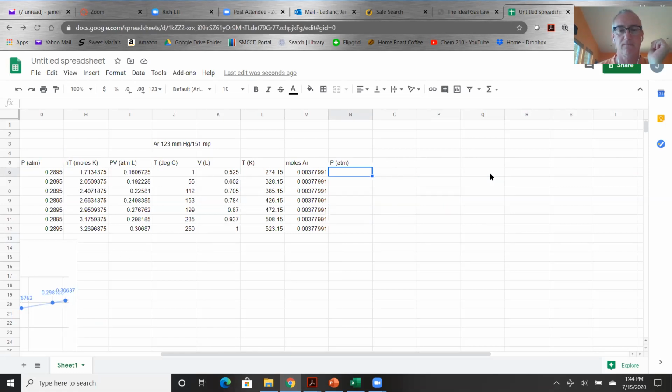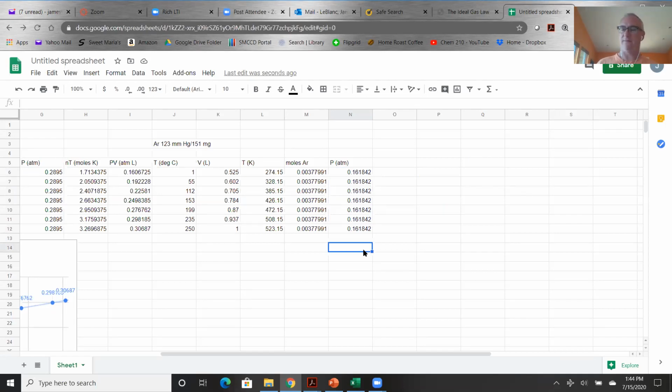After doing the calculation, 123, and you divide that by 760, the pressure is going to be 0.16184211. There you go. Okay, so that's our pressure in atmospheres. How did you get that number? You multiply by 1 over 760.